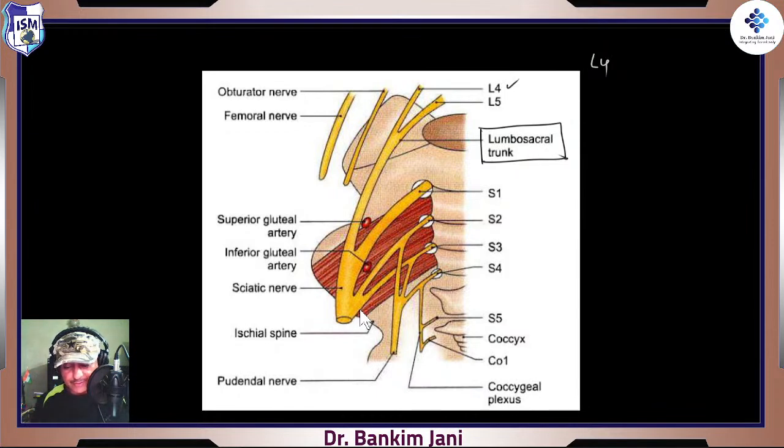So that's why see it is thin, a thin branch. So it is descending branch, right? L5 whole. But whole of what? Well, it was the ventral ramus. That's how L4 and L5.